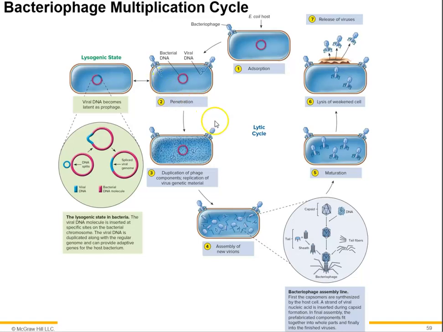This is penetration. Next, the phage components are going to be duplicated. This results in replication of the virus genetic material. Next, you're going to have assembly. Then you're going to have maturation. And then when these virus particles are ready to leave, they're going to burst out of the cell, lysing it, breaking it open, and the cell is going to die.